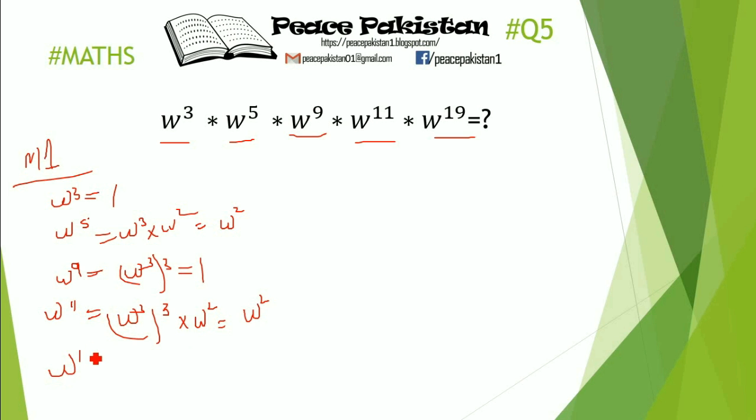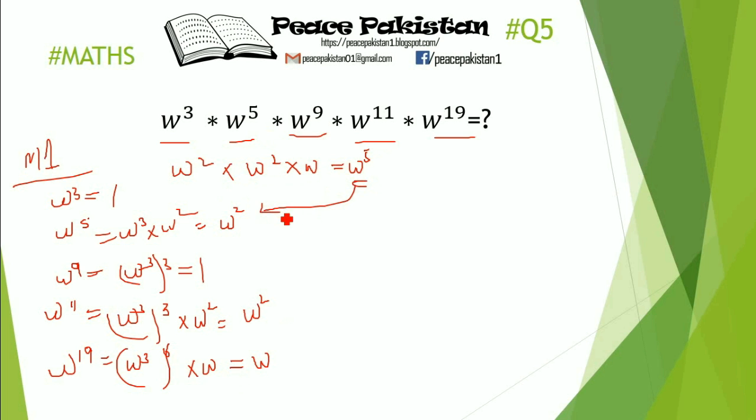And omega 19 equals (omega cube) to the power 6 into omega, and since omega cube is 1, 1 to the power 6 is 1, multiplied by omega. Now we are left with omega square into omega square into omega, that is omega power 5. Since we know that omega power 5 is equal to omega square, we got the answer omega square.